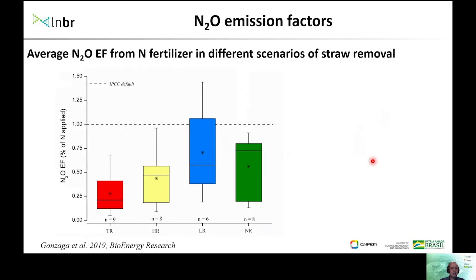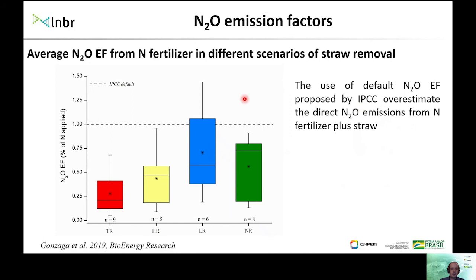In this graphic, I am showing the results of all areas together. What is possible to see here? The first is the value proposed by IPCC, which represents that 1% of the nitrogen added to the soil as fertilizer or as straw is lost as N2O.